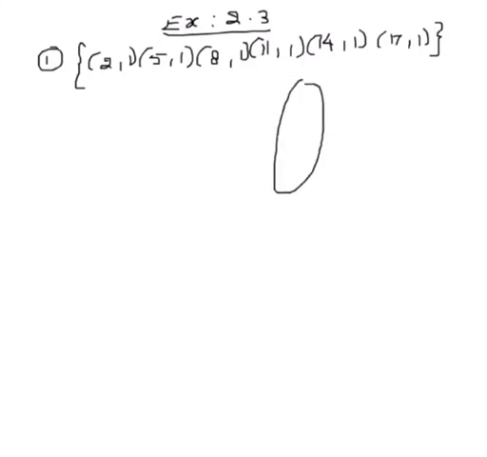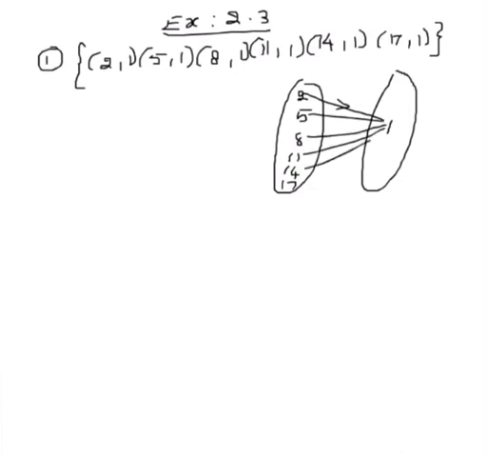See, I am showing it by the arrow diagram. The domain is 2, 5, 8, 11, 14 and 17. The range has only one element. So 2 is related to 1, 5 is related to 1, all these elements are related to 1. So it becomes a constant function.